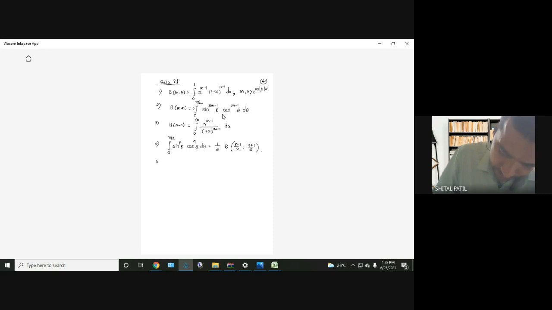Then we understood that the beta function is commutative: beta m, n is always equal to beta n, m. Then we understood the relation between beta and gamma function.